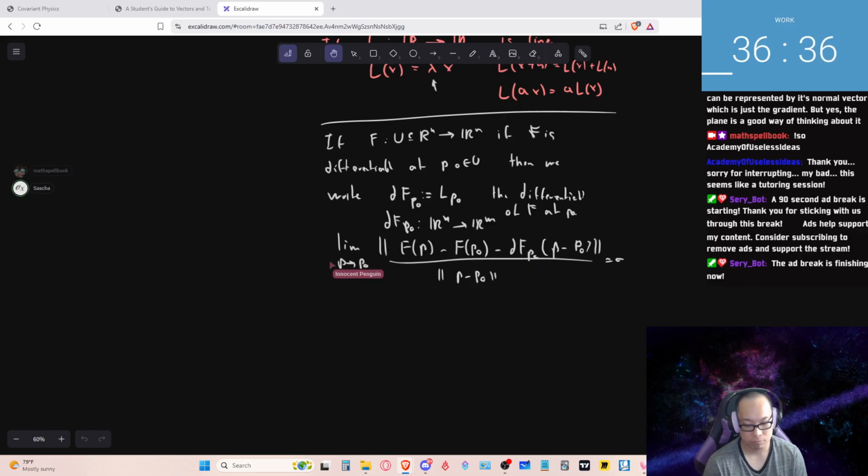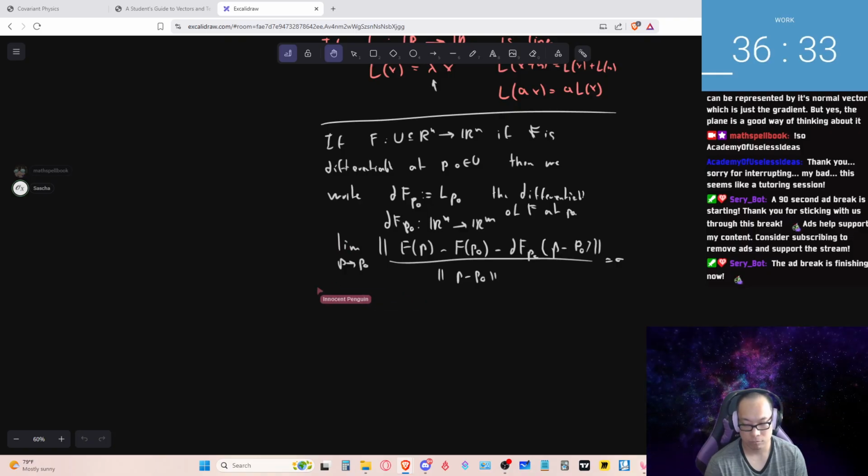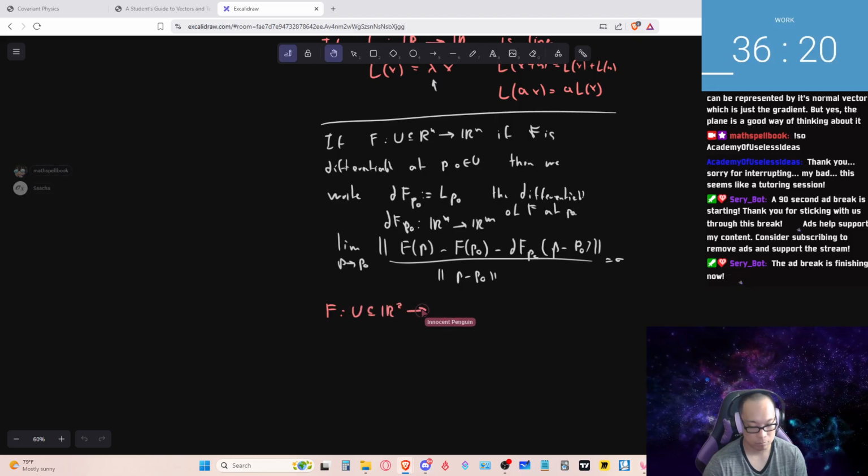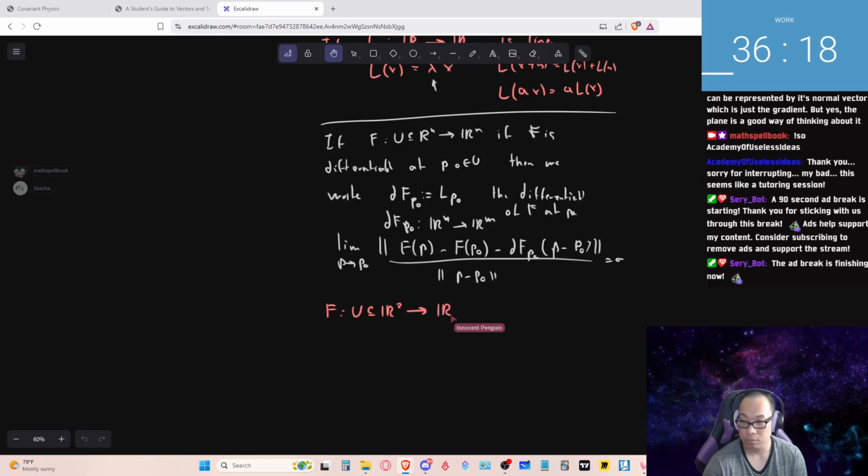But at least we're going to build the intuition for one specific case that I want to understand: the case where f is some function from R2 that takes values inside of R.